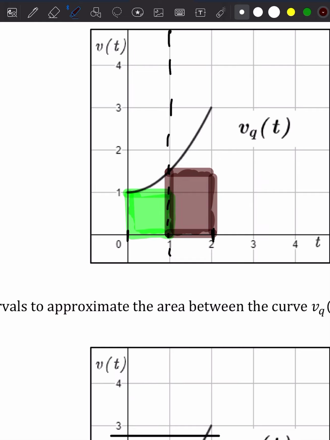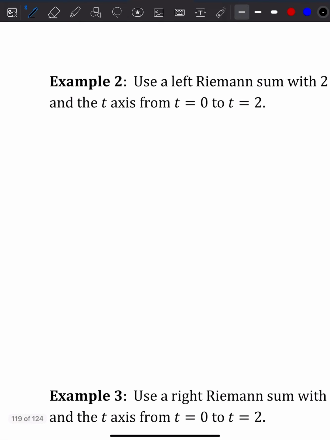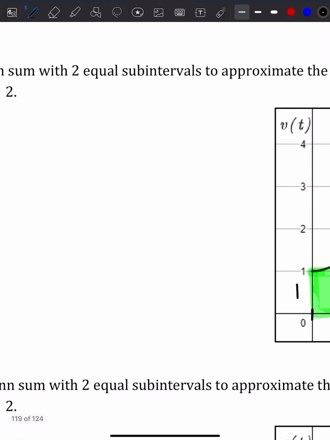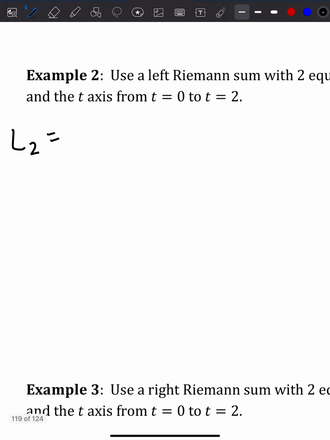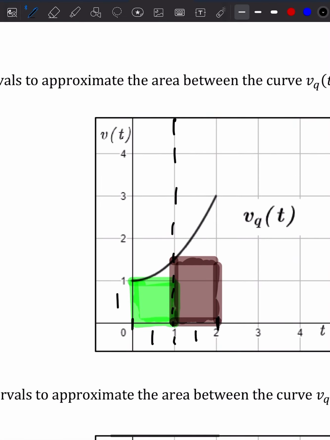So now we're going to go ahead and use our graph and those rectangles to help us out. So L2, the left Riemann sum of 2 equal subintervals, is equal to, we have our first rectangle with a base of 1 and a height of 1. So we have 1 times 1. And we're going to add that second rectangle to get our total area, which has a base of 1 and a height of 1.5.